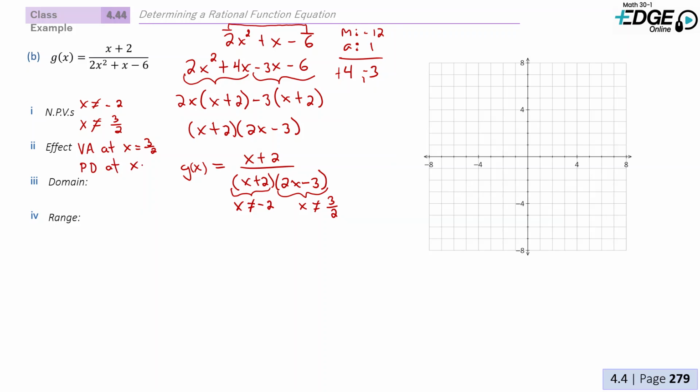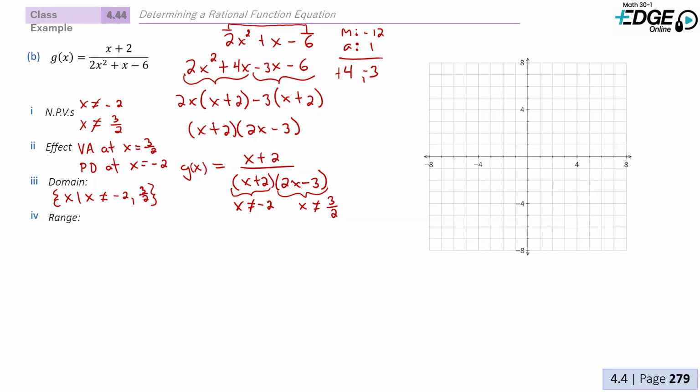And that's from the factor that does cancel. Okay, so the domain here would be x such that x cannot equal negative 2 or 3 over 2.